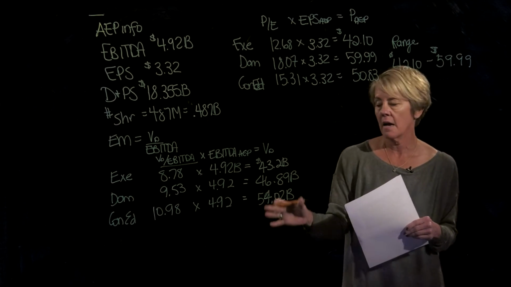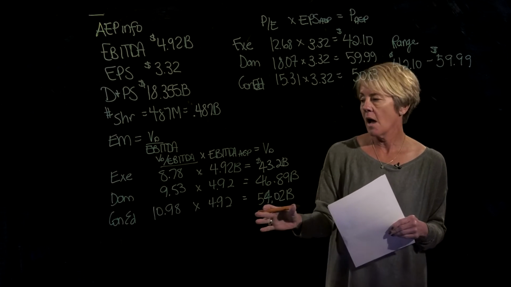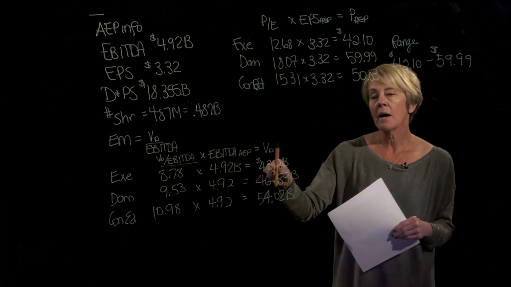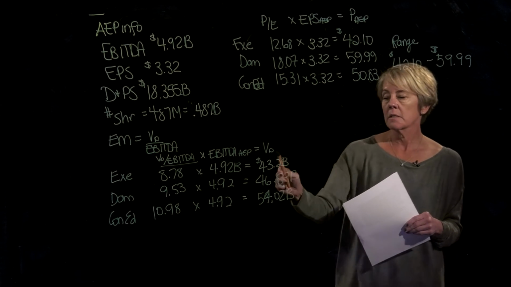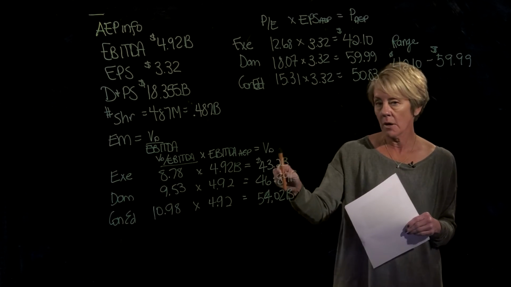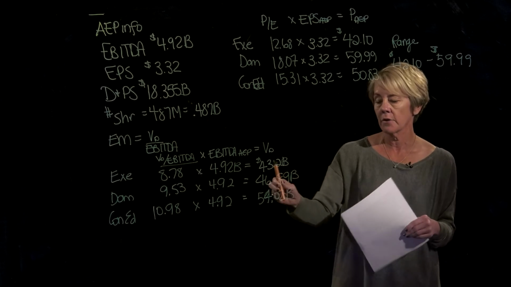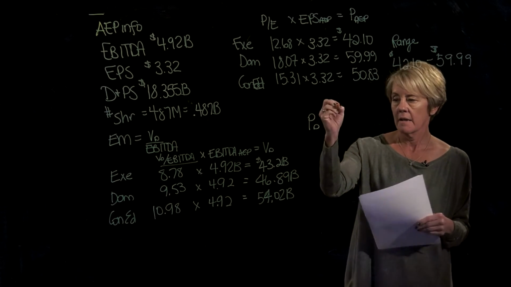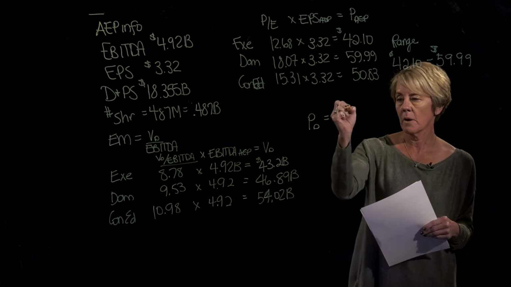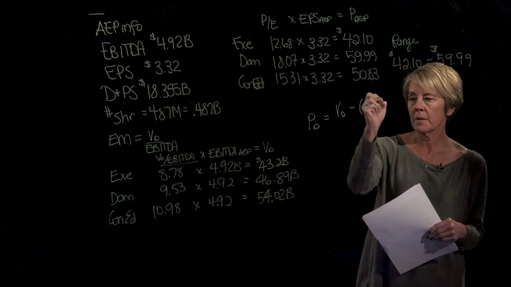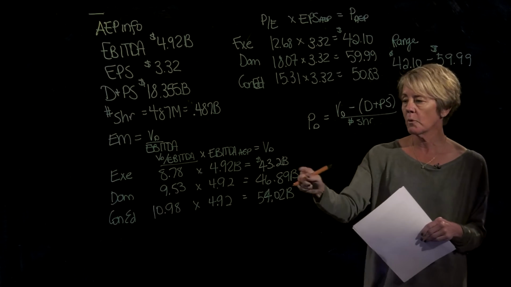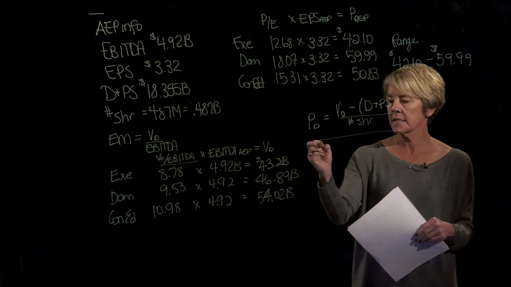So those are the market values of AEP using these three comparables. Well, we really want the price. So now I have to take this enterprise value and convert it into a price. And the way I do that is to take the enterprise value minus the debt plus preferred, divided by the number of shares. So I'm going to do that in all these instances.